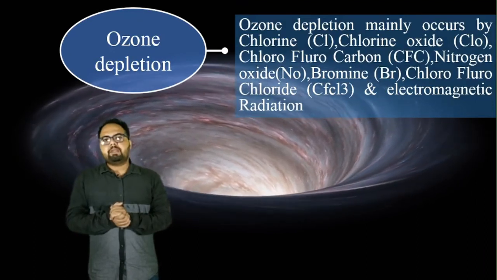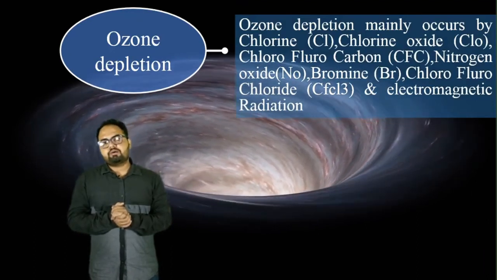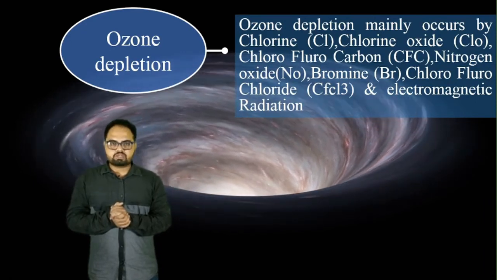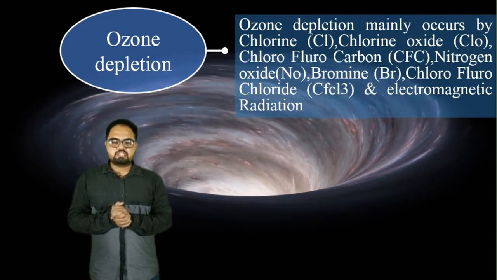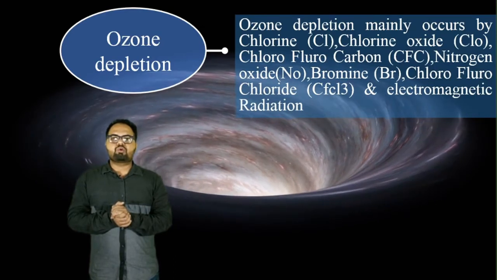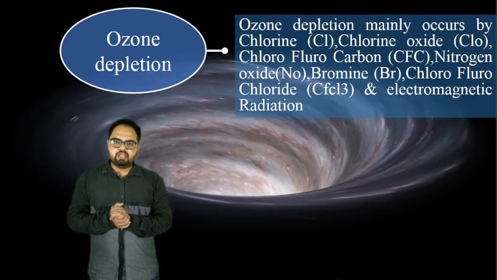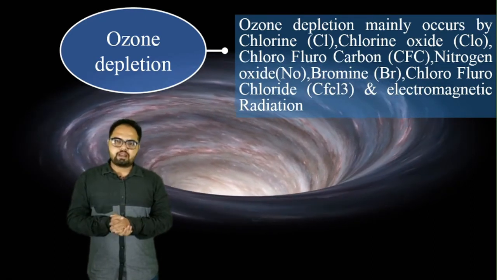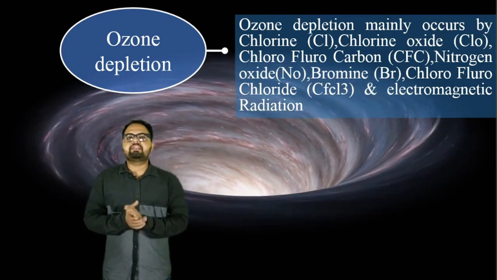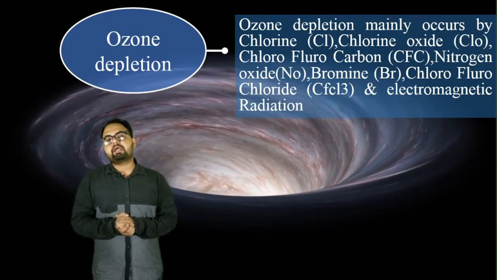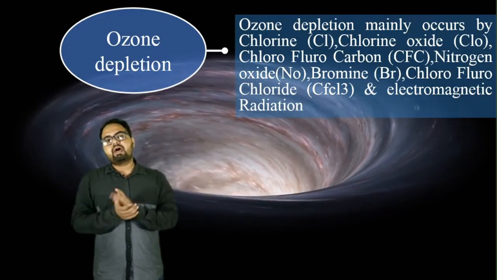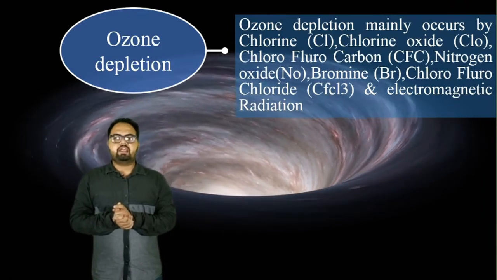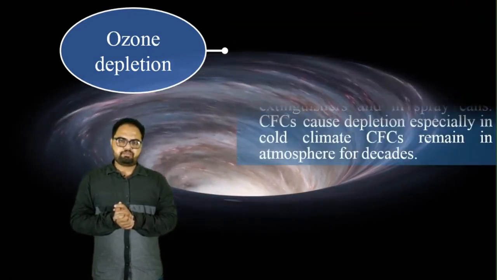The ozone layer is mainly depleted by chlorine Cl, chlorine oxide ClO, chlorofluorocarbon CFC, nitrogen oxide NO, bromine Br, CFCl3, and electromagnetic radiation. These are all gases mostly used in refrigerators and air conditioners.